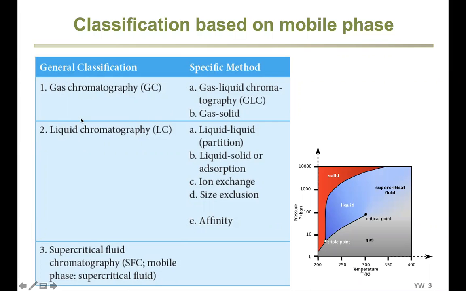Because this is an introductory level course to analytical chemistry, we're not going to talk a lot about the details of the instrumentation. If you're interested in those techniques and want to learn more, you could take 4520, which focuses on chromatography and mass spec.